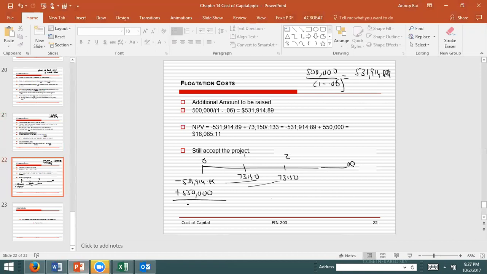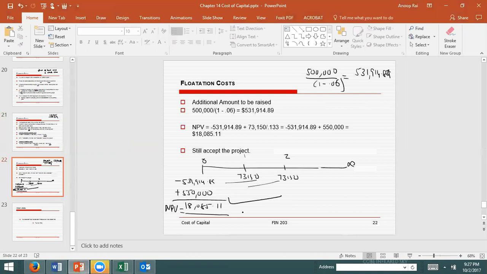So if we subtract, we are still up by 18,085.11. So as a result, we'll still undertake the project. With flotation costs too, our net present value here is still a positive number, 18,085.